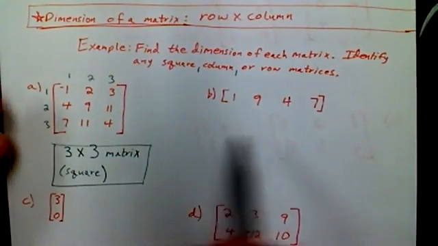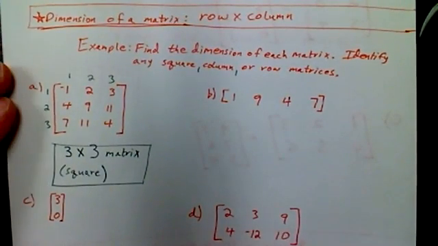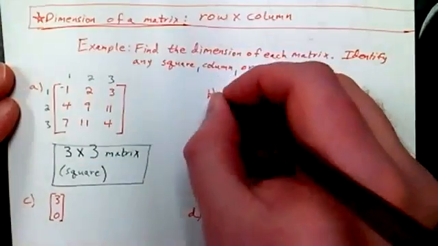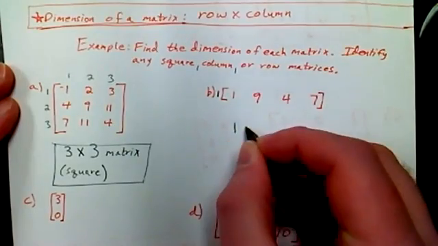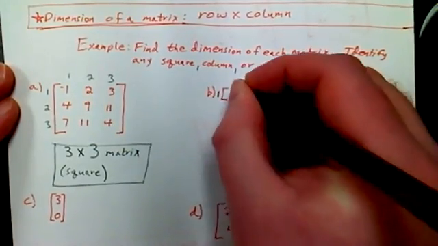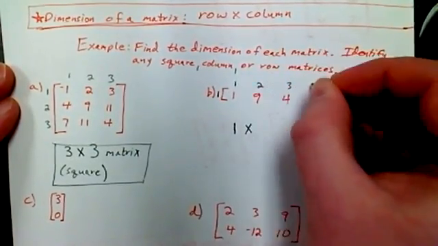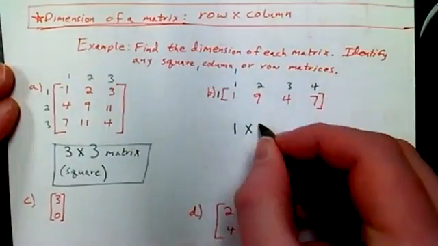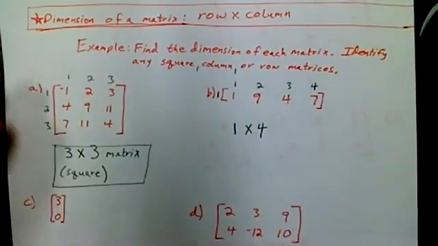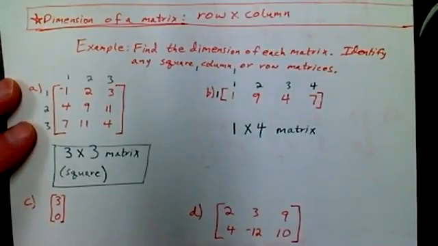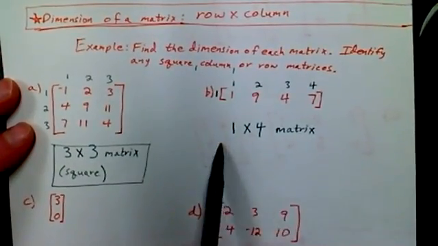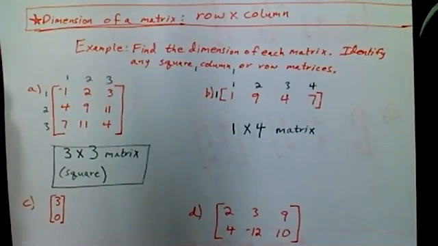Now, sometimes you'll get matrices that look like this. So what am I noticing? How many rows are there? Well, I'm noticing that there's just one row. So the dimensions are 1 by, I have 1, 2, 3, 4 columns. So it's a 1 by 4 matrix. Now, when one of the dimensions is 1, you always have either a column or a row matrix.